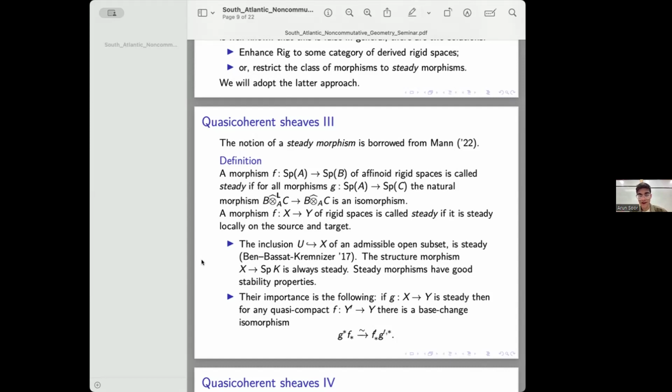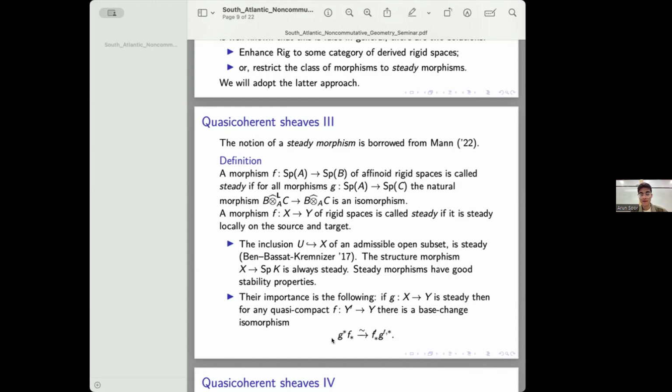But the reason why they're important is because they satisfy base change, right? If G is steady, then for any quasi-compact morphism F, you have a base change isomorphism. This is the last thing that we need to establish in order to get a six-functor formalism.